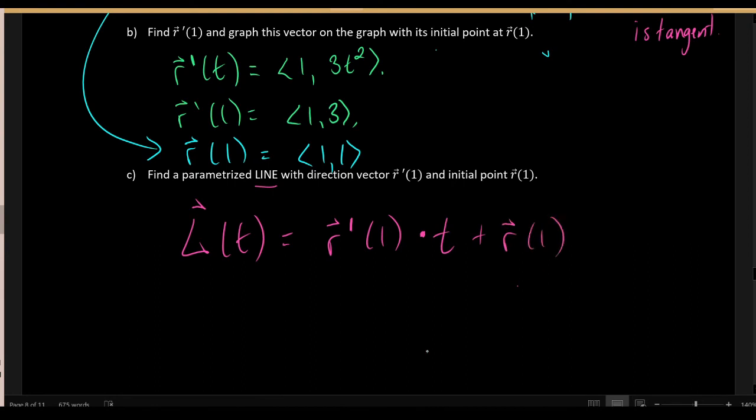In our specific case, our direction vector was given by the vector 1, 3 from part B. And our vector r of 1 was 1, 1.